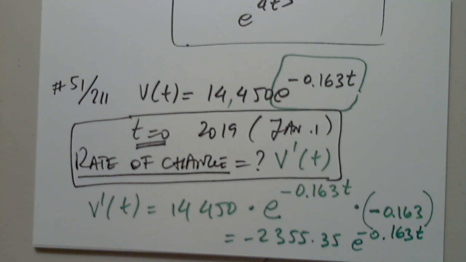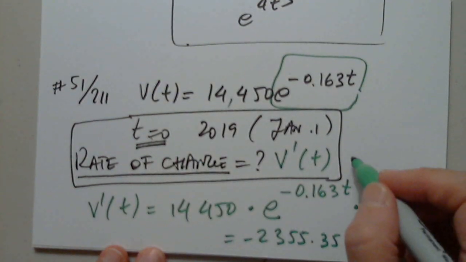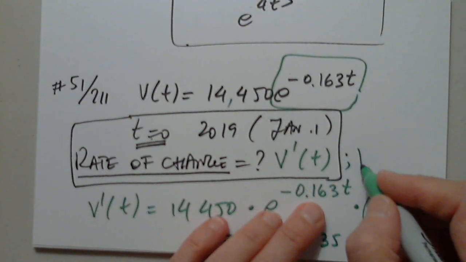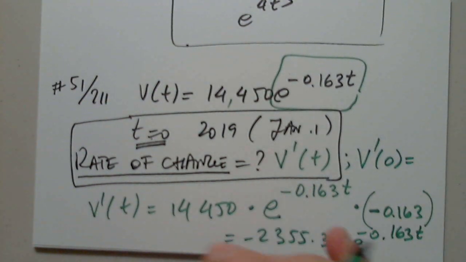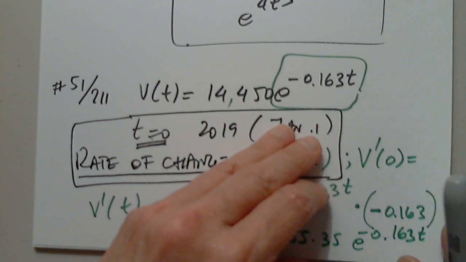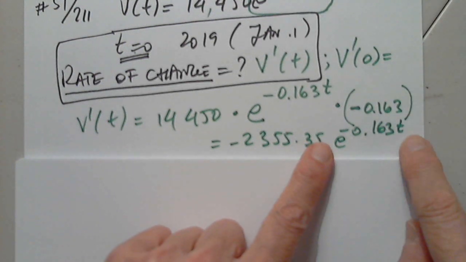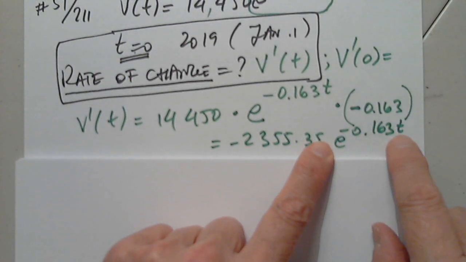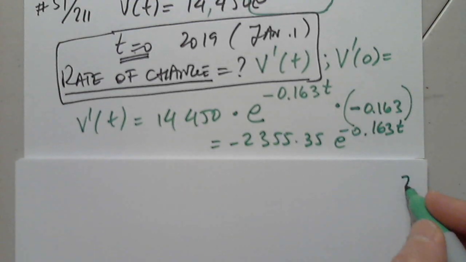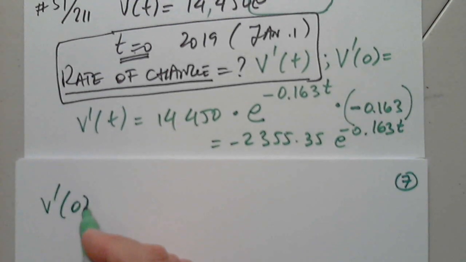Awesome. Now I'm ready to answer their question. Find the rate of change when t is 0. So after I find v prime of t, I'm asked to find v prime of 0. How do I do that? Very simple, just plug in 0. If I plug in 0, how much is 0 times negative 0.163? 0.